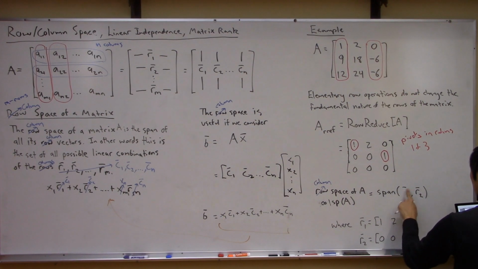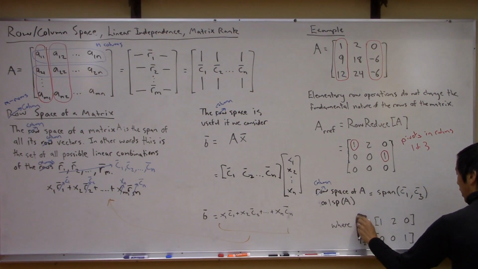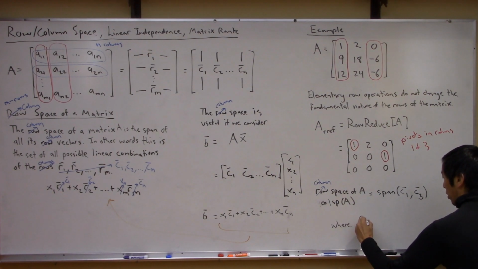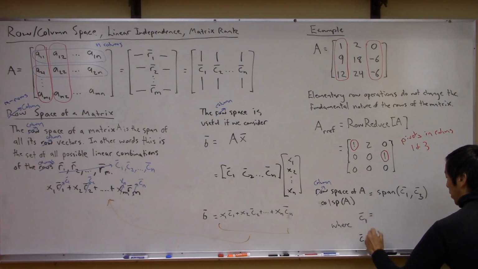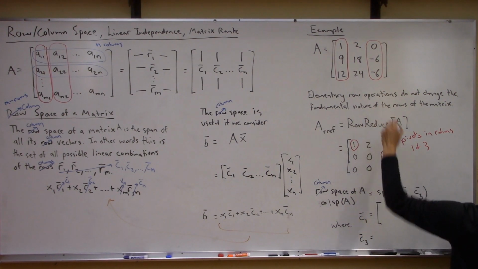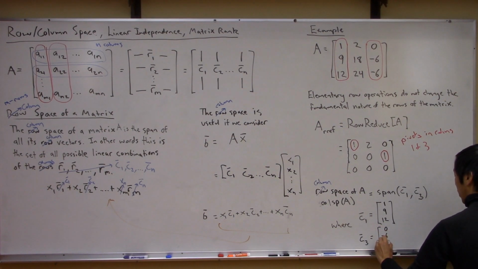It's going to be C1 and C3, where C1 and C3 are the columns of the original matrix which correspond to pivots in the reduced matrix. So in this case, C1 is going to be (1, 9, 12), and C3 is going to be (0, -6, -6).